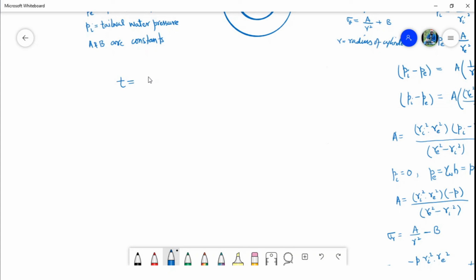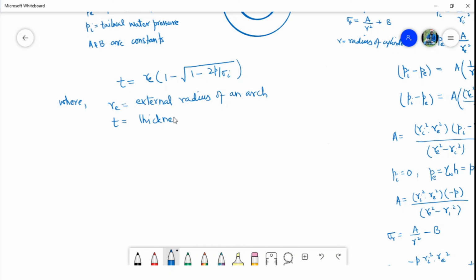We have t in terms of external radius as Re times (1 minus the root of 1 minus 2P over sigma I), where Re is the external radius of an arch, t is the thickness of an arch, P here is the upstream water pressure, and sigma I is the internal stresses.